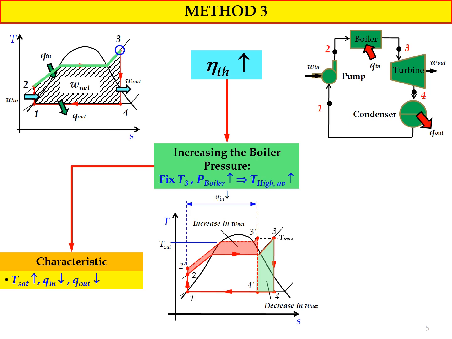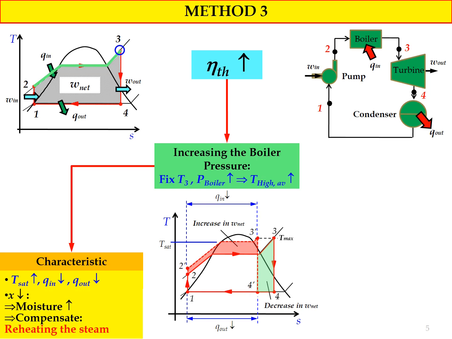Okay, so we have the reduction of Q in value that is represented by the process between state number 2 prime and state number 3 prime. And we also have the reduction of Q out value that is represented by state number 4 prime to state number 1.